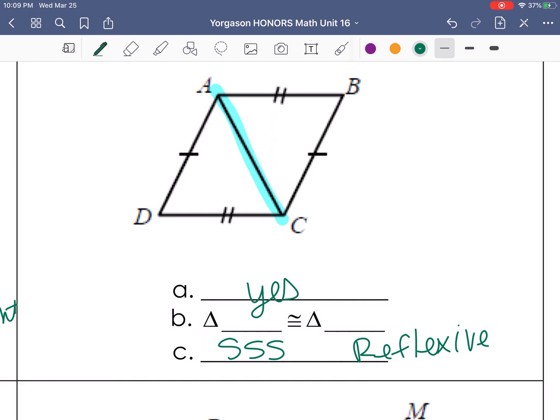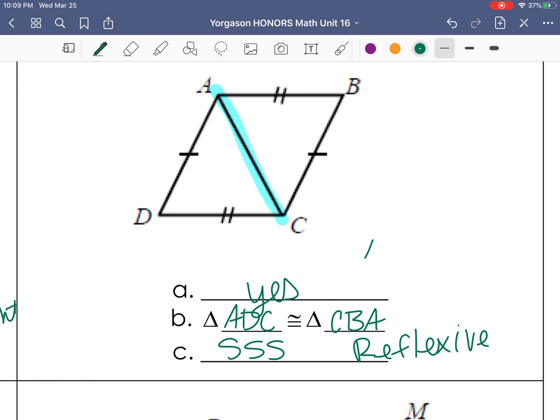Our congruency statement, if I said ACD, and if you start to write it and you're not happy with it, like ADC seems like an easier way to go. Because then I could say the length AD goes with CB.